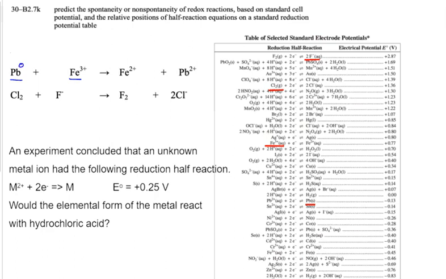Okay. And we only really need to figure one of the reactants out, because the other reactant will have to be our other agent. So if we look at what's happening with our lead species, it's going from 0 to +2. So it has to lose electrons in order to become the +2. So losing electrons, oxidized, that is our reducing agent. Okay.